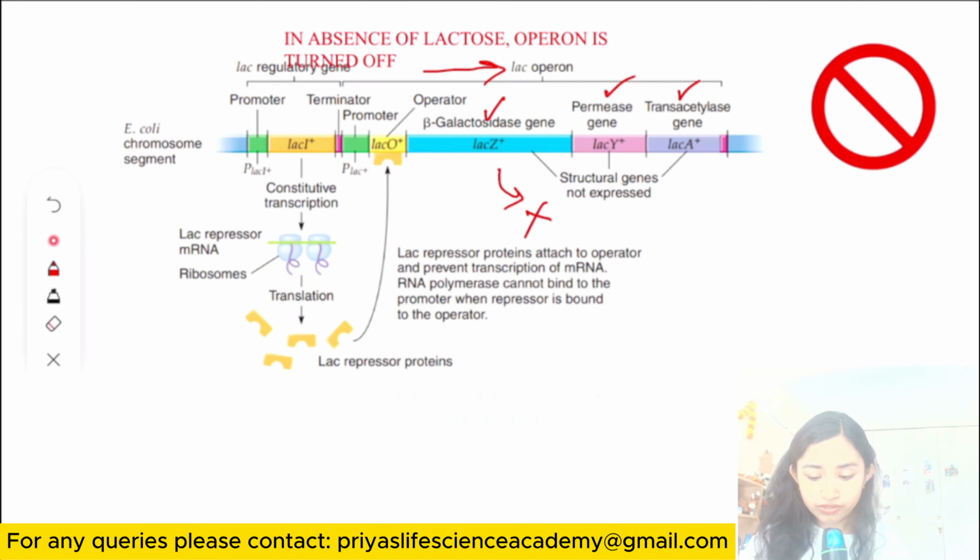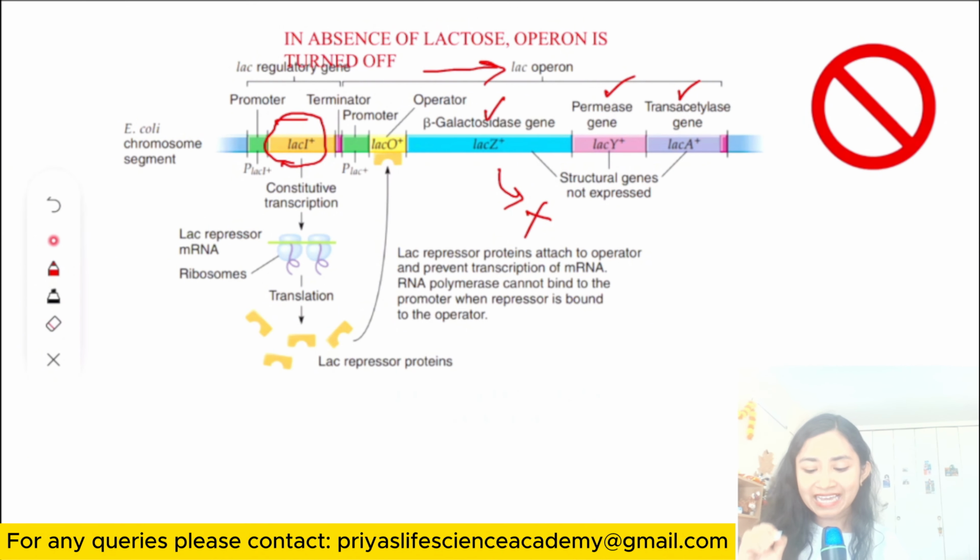I have told you that before the promoter and operator region, there is another region which is known as lacI+, and which produces lac repressor. So lacI+, upon transcription, produces the mRNA, and from the mRNA, lac repressor protein will be produced.